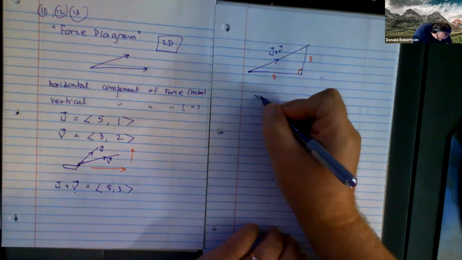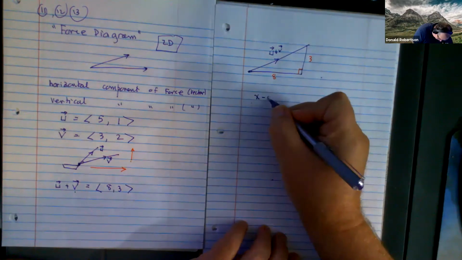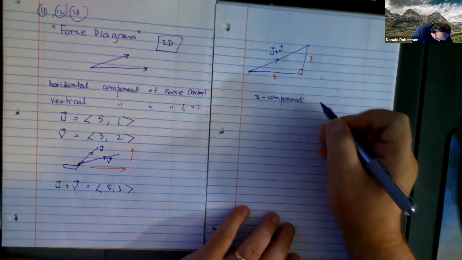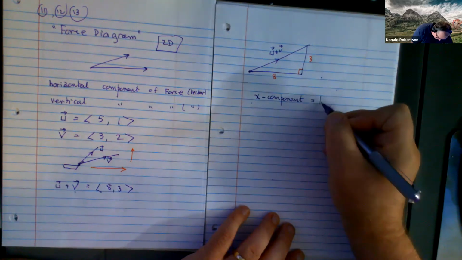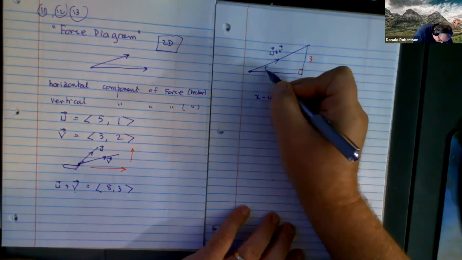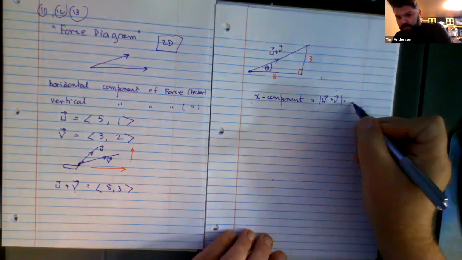If you want to get the x component, it is the magnitude of the vector times, oh, by the way, that guy's got an angle, hasn't he? We'll call it theta. So the x component is the magnitude of the vector times what? Cosine or sine? Cosine, I think. It is, in fact, cosine, you're right.